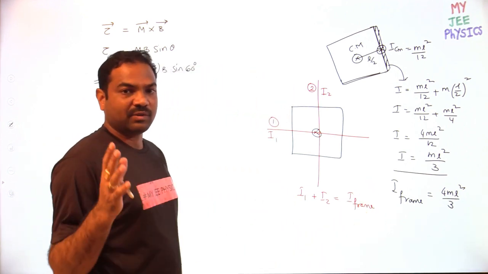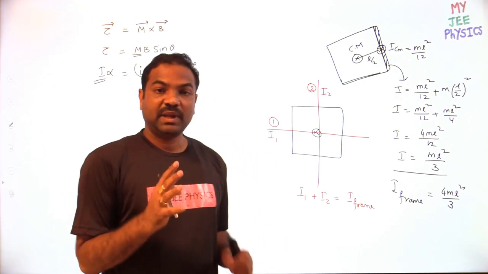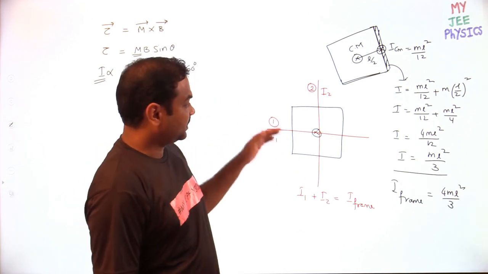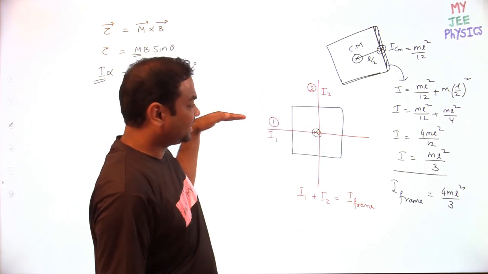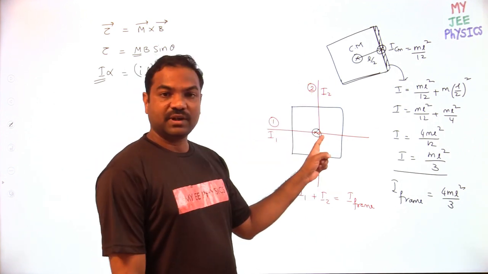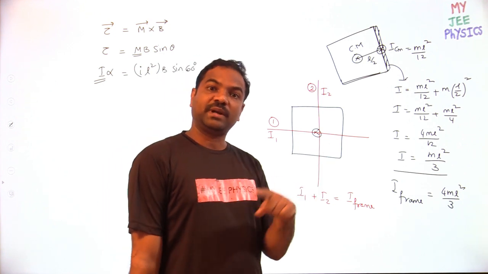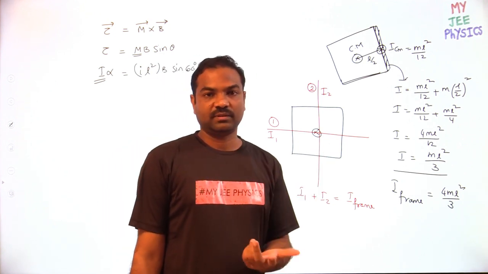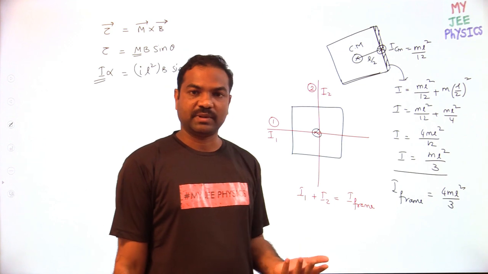Remember, whenever you are using the perpendicular axis theorem, the moment of inertia of the object about axes within the plane of the object, added together, should equal the moment of inertia about the axis perpendicular to the frame. I know it's a big statement, so maybe confusing.